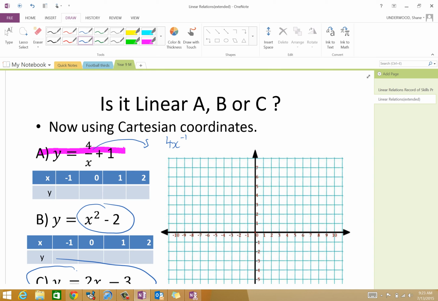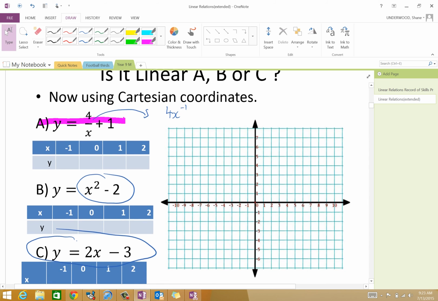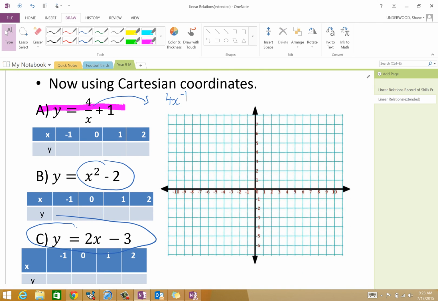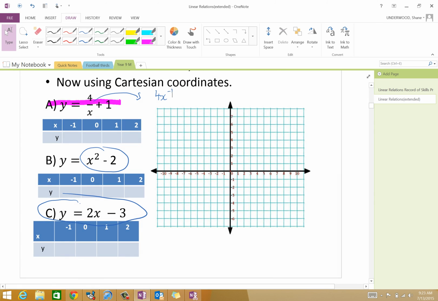All right, so now what we're going to do is, using your Cartesian coordinate system, you are going to get the x value and you're then going to plug that into the equation using your calculator to get the y value. And I'd like you to sketch a Cartesian coordinate system.